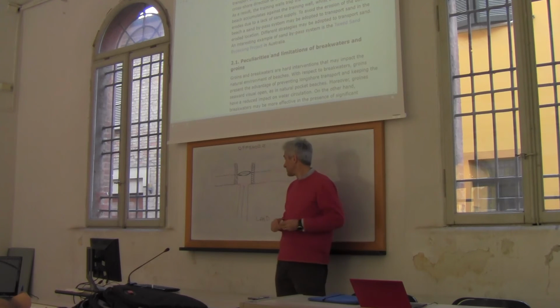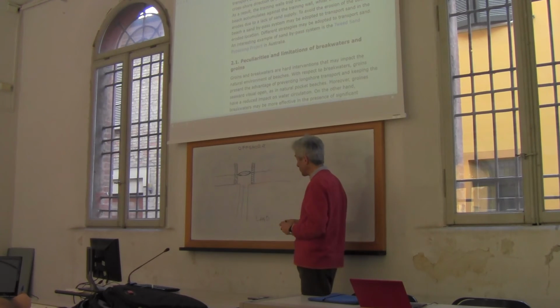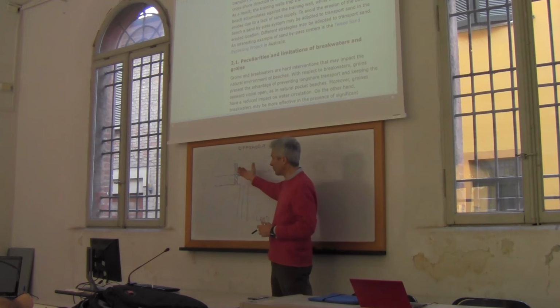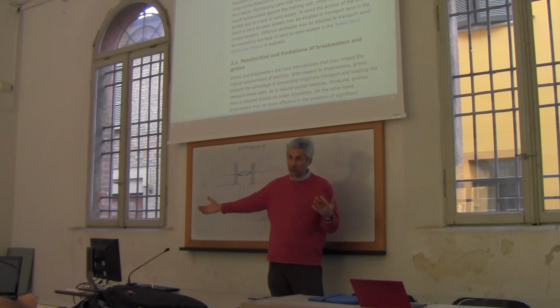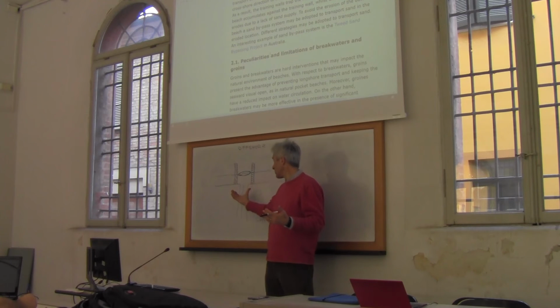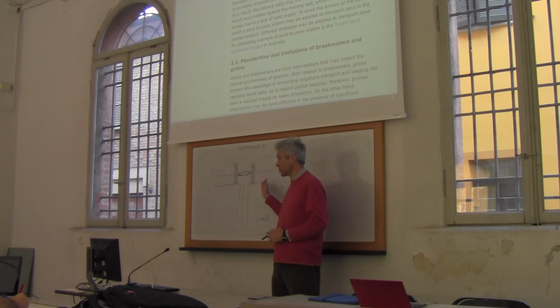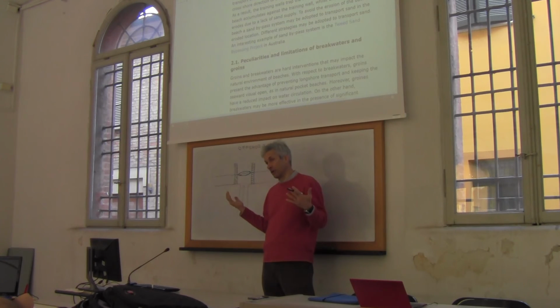What happens then? When you do this, of course, if you remove the bar that previously was formed, the fact that the river flow is concentrated basically avoids the formation of a new bar. But the problem is that you block the longshore sediment transport with the river walls, like you would do with a groin.